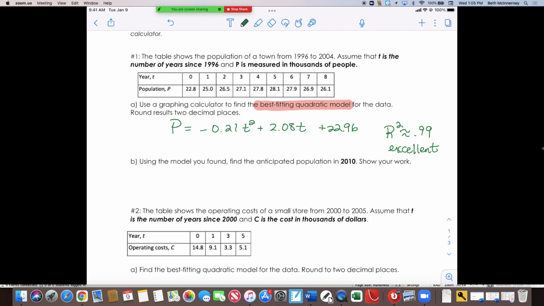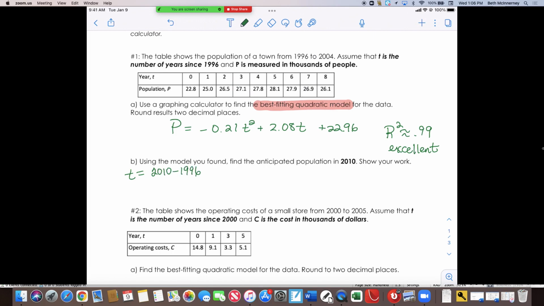It says, using the model you found, find the anticipated population in 2010. So what is T? I'm not going to put 2010 in. Yeah, Jordan? How'd you get 14?